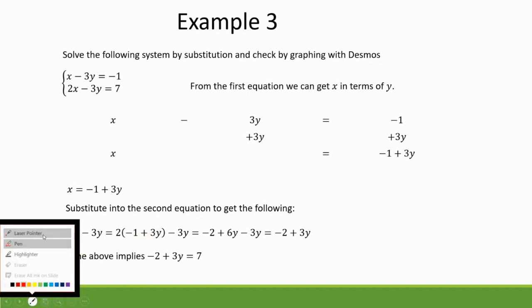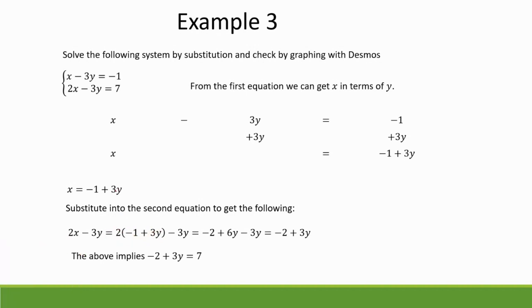You want to make sure you use the other equation. We're plugging this into the other equation. If you plug this into the first equation, which we used to get x in terms of y, that's not going to get you anywhere. So we have 2x minus 3y. Now we substitute for x and we distribute.